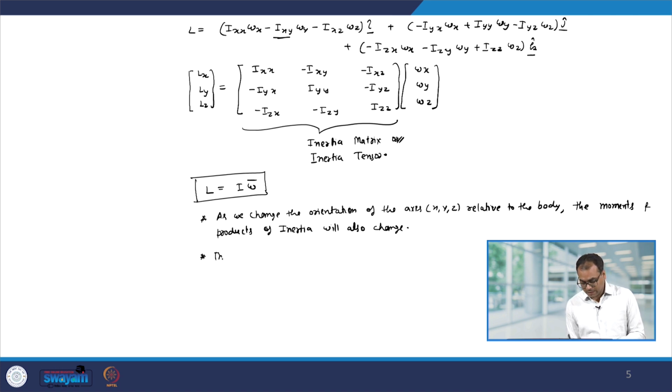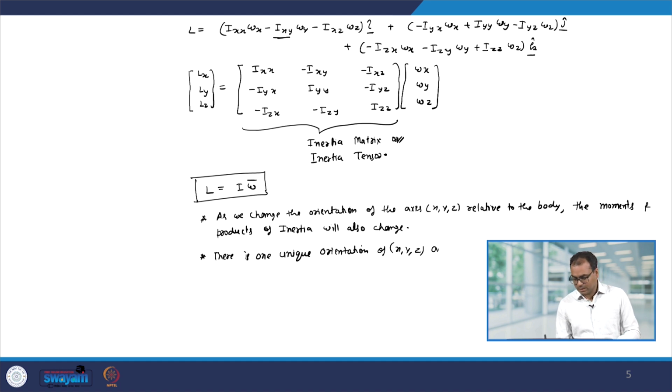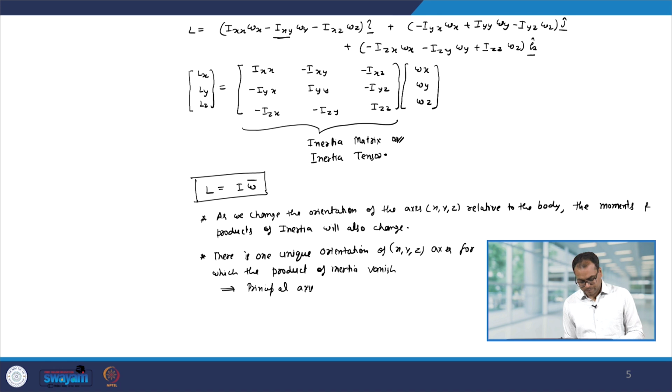So in that case the inertia tensor will be Ixx, Iyy, Izz, and all the products of inertia will be 0.